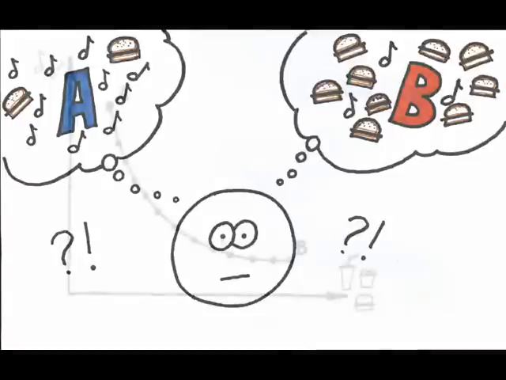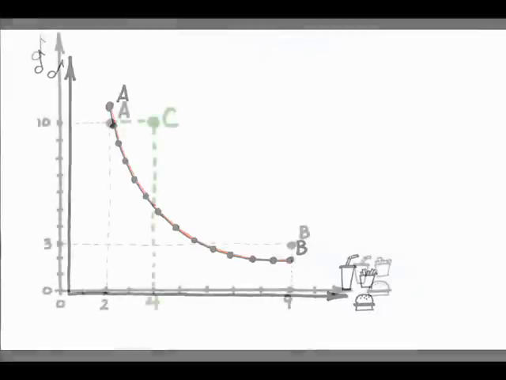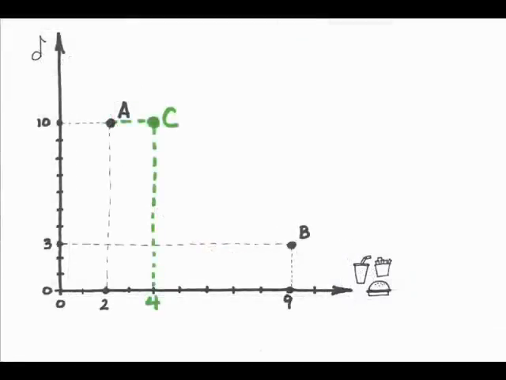There are theoretically an infinite number of such combinations, so that we end up with an entire curve upon which any 2 points would yield equal utility to the consumer. Now what if I ask the same consumer to compare bundle A, 2 meals and 10 CDs, to a new combination, bundle C, 4 meals and 10 CDs?